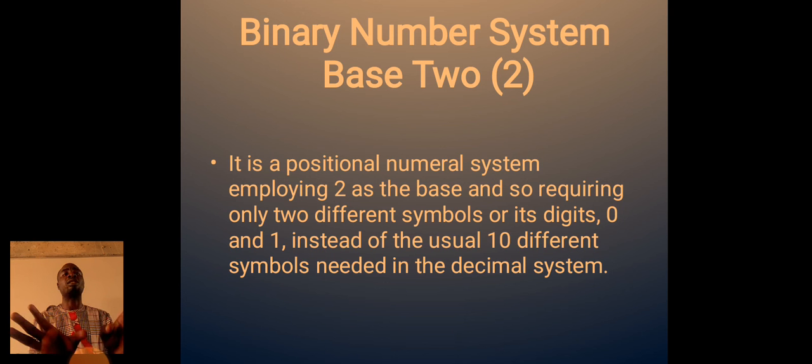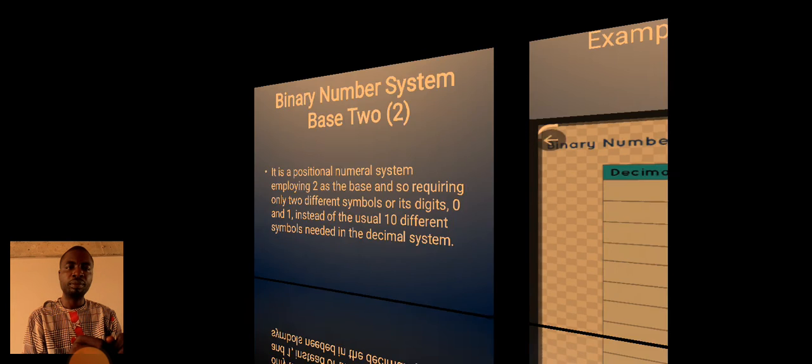When I am typing "Obi is a boy," the computer is reading it as zeros and ones. That is the binary number system. It starts from 0 and 1 before it goes to the higher bases.